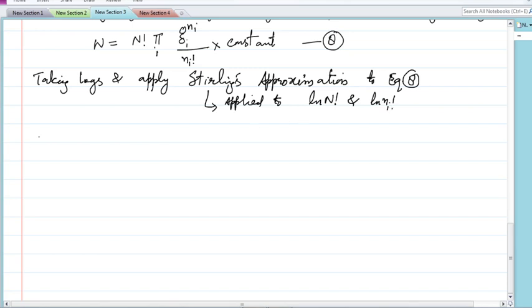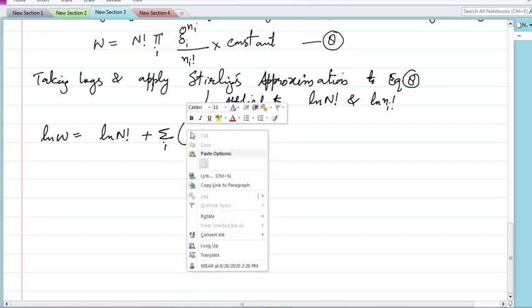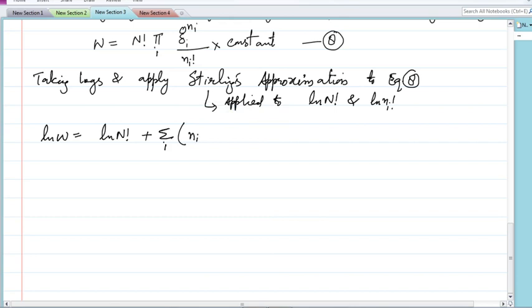So we will simply have ln of W will be equal to ln of n factorial. Pi will change to summation. We will write summation outside, so it will be ni ln of gi.